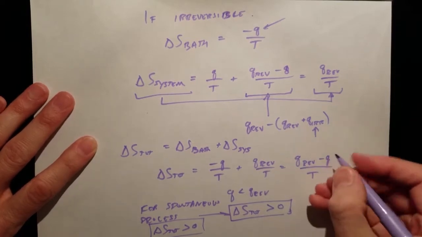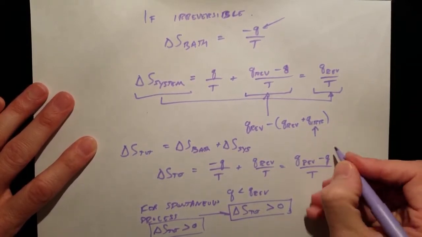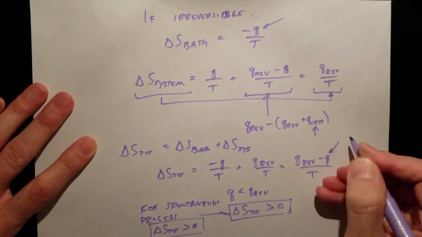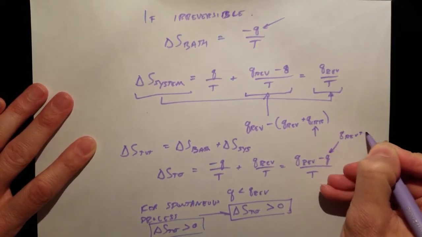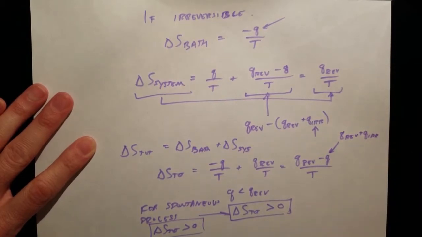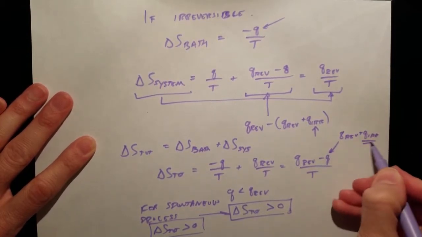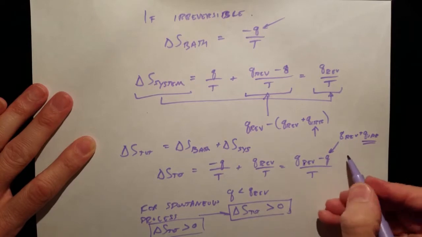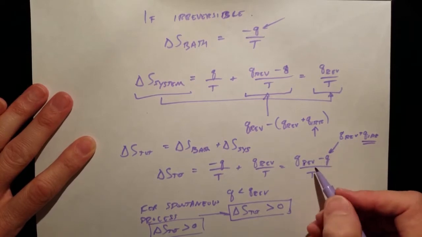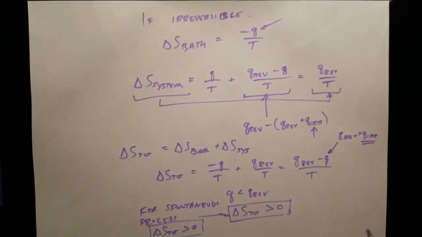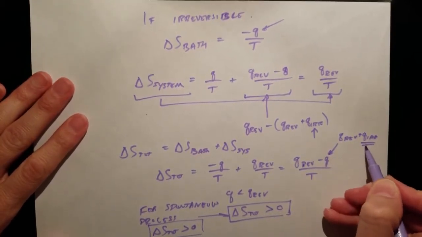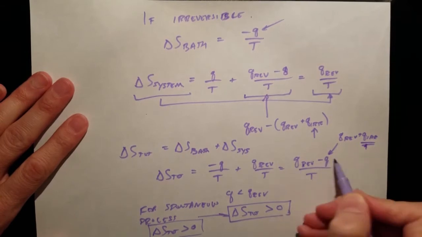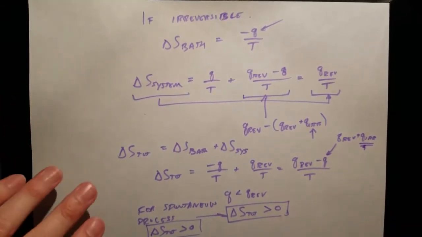It's also worth pointing out that this Q, if we think of it as Q rev plus Q irreversible, then that's going to give us the irreversible heat transferred in our entropy term.